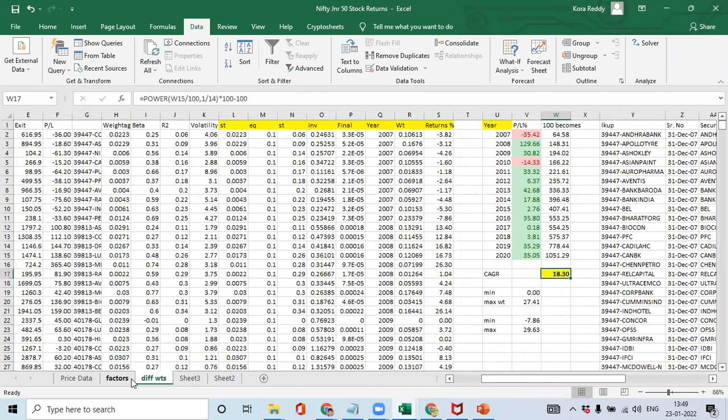Whether it is right or wrong, you have made it 10 times. Your money has become 10 times in 14 years in this particular combination, with just 2 down years. Is it exciting or no?